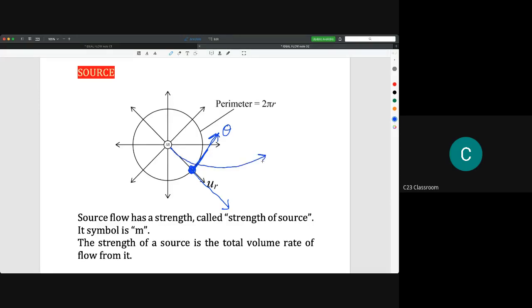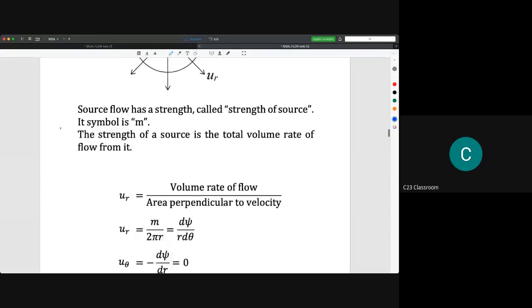Kerana kita ada dua velocity yang bertindak. Satu pada arah R dan satu adalah pada arah theta. So oleh kerana had laju adalah straight sahaja macam ini, tegak. Oleh itu kita beranggapan bahawa had laju pada arah theta tidak wujud. So saya harap awak dapat imagine tentang ketidakwujudan had laju pada arah theta.